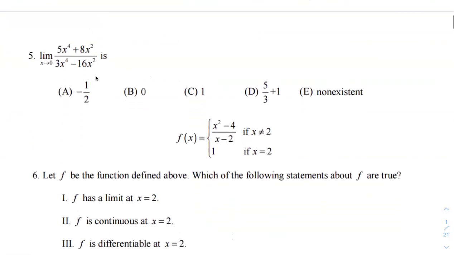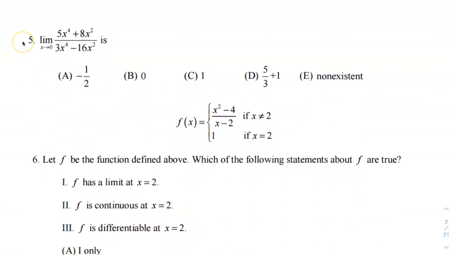Move on, 5. The limit as x approaches 0. Well, first thing I always do is plug in my limit. Anytime it's not infinity, I just plug it in, see what I get. In this case, I get 0 plus 0 over 0 minus 0. So 0 over 0. Two options: I could do L'Hopital's rule if I want. Or in this case, I think it's actually easier if I just factor out. I know they both have an x squared.